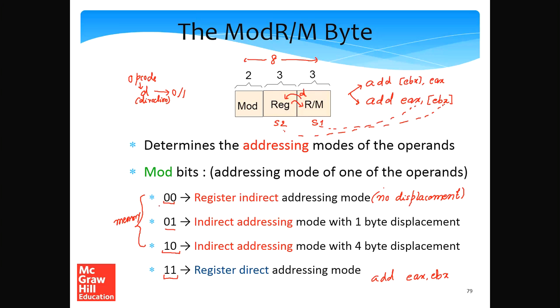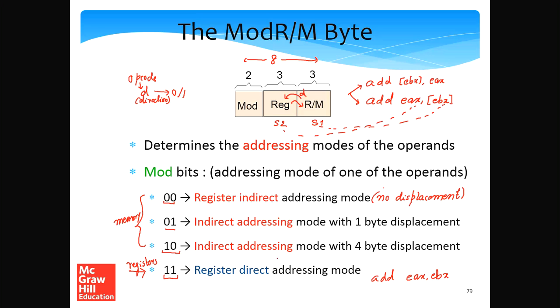What are the modes for? They specify the size of the displacement. 00 says there is no displacement, 01 means a 1 byte displacement, 10 means a 4 byte displacement, and 11 means memory is not involved, both operands are registers.